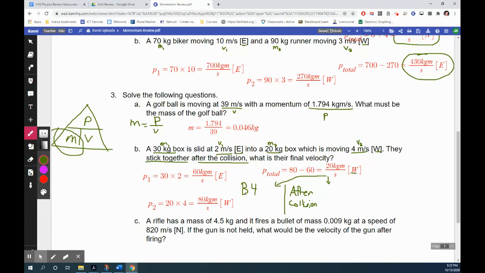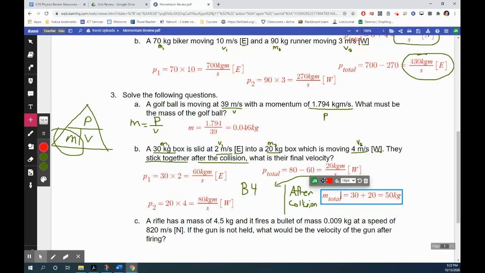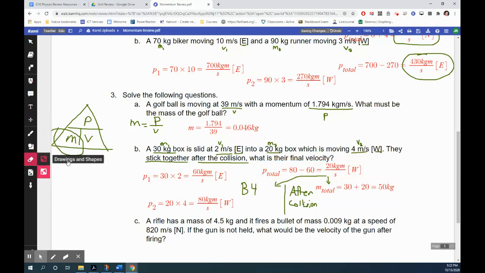West, right? And so we are going to figure out what their mass is after the collision. So after the collision, the total mass is 30 plus 20, and that gives us a total of 50 kilograms. And so if their total mass is 50 kilograms and their momentum is 20 kilogram meters per second, then we could figure out, well, what are we actually looking for now?